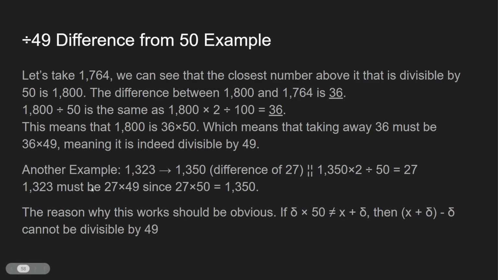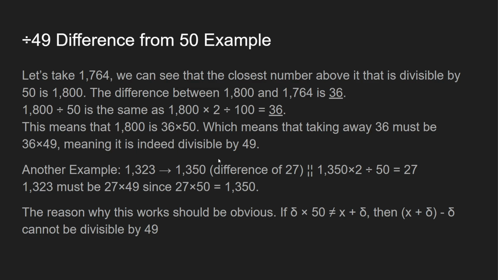So that must mean that 27 times 49 is 1,323, because 27 times 50 is 1,350. By taking away one instance of 27, that gives us 1,323. And that is 27 times 49, so obviously in that case it's divisible by 49.